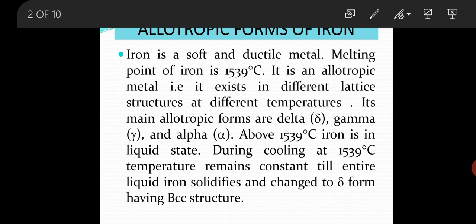This solid iron has a body centered BCC structure, and it is known as delta iron. So delta iron has a BCC structure, you remember.